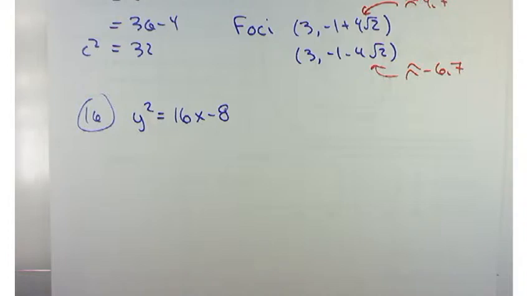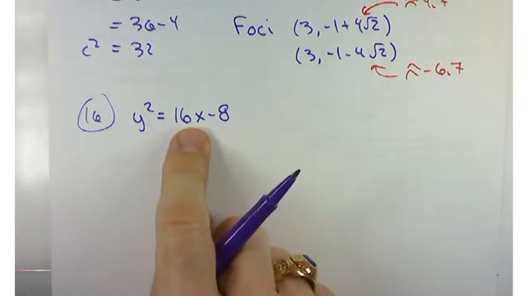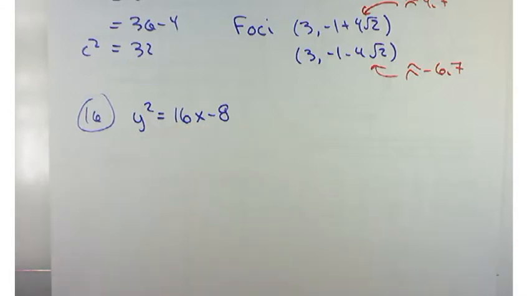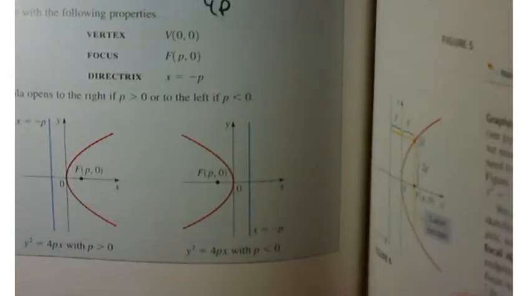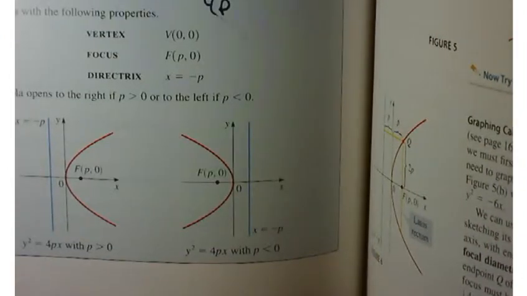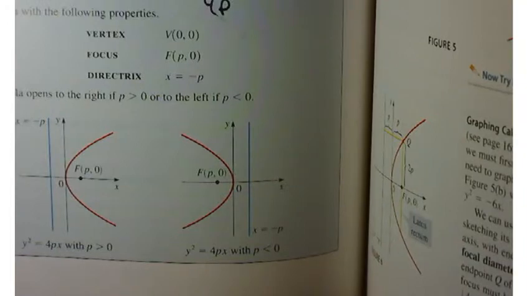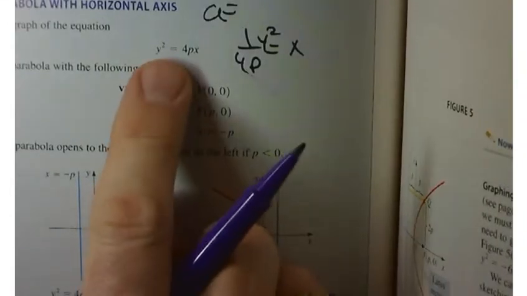Let's go back to our section on parabolas. One of the big things we're going to need to determine for a parabola is the focus and the directrix. And the focus and the directrix lie a distance of p away from the vertex. So how do you find p? Well, I guess it depends on the way you write it.